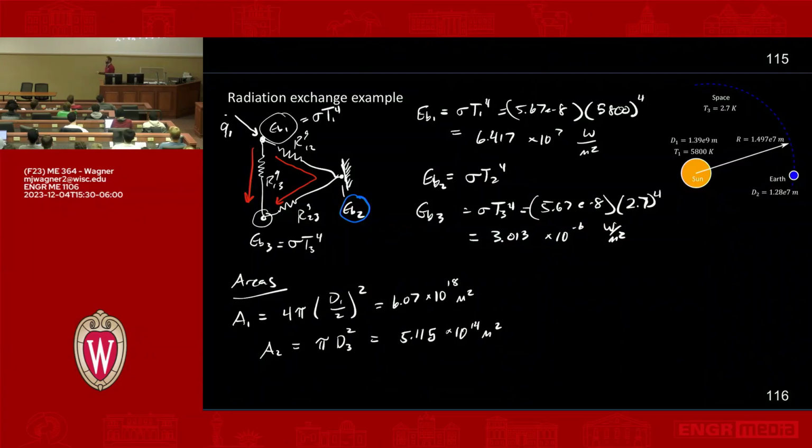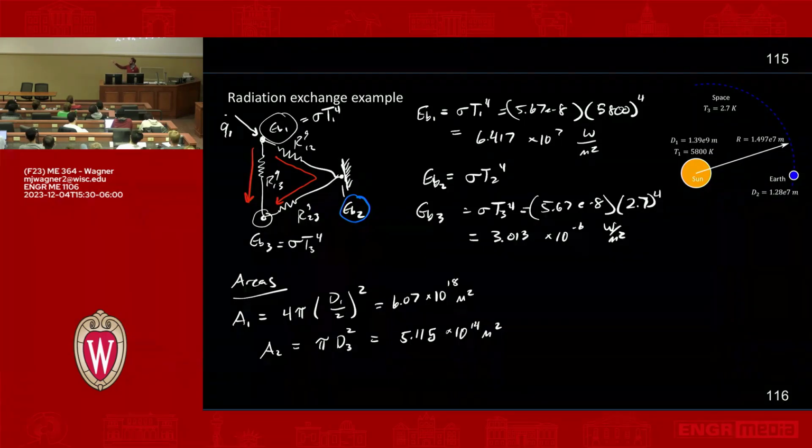So if we can somehow estimate what's happening along that branch, we can then compute the emissive power EB2 and then temperature 2. It turns out that the branch directly from sun to space isn't that important to us. We just need to figure out the heat transfer along that other branch.